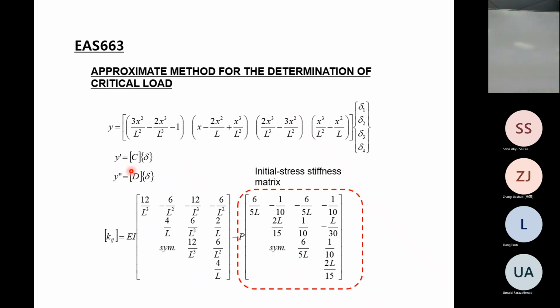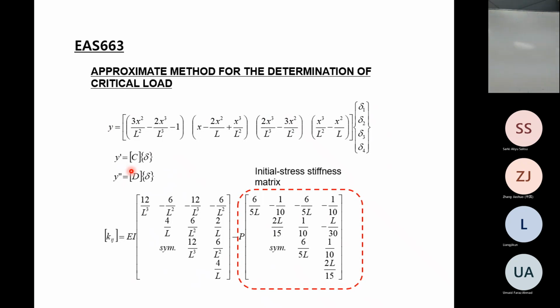It is also symmetric, meaning that whatever you have in the first row is the same as the first column, the second row the same as the second column, and so on. And this has a special name called the initial stress stiffness matrix.